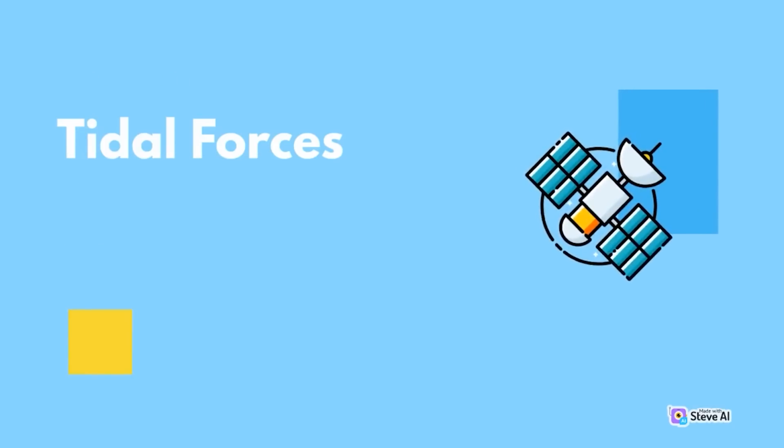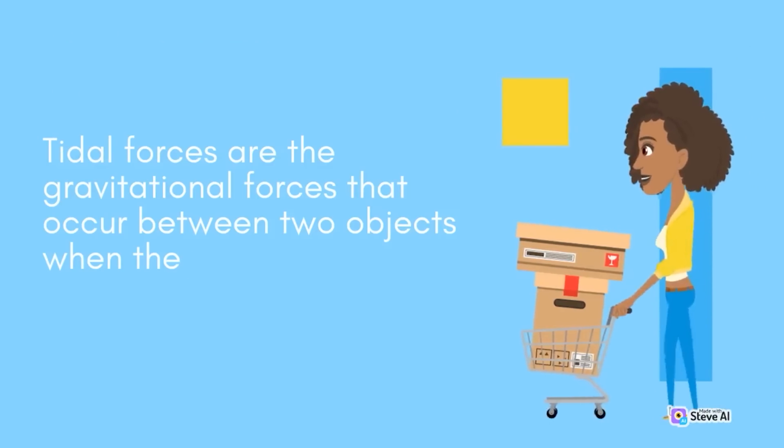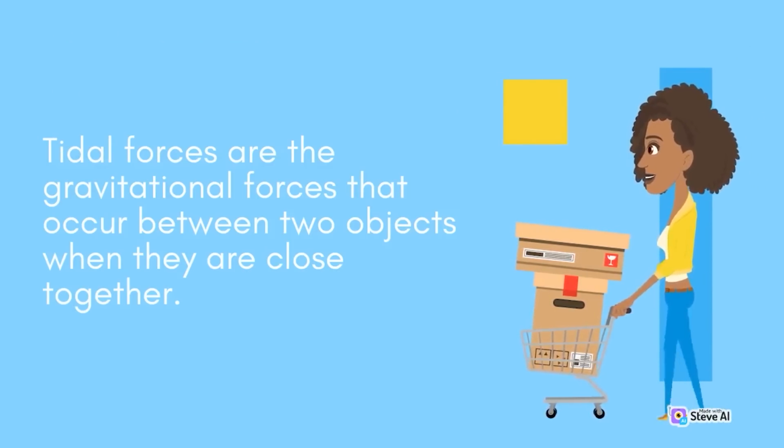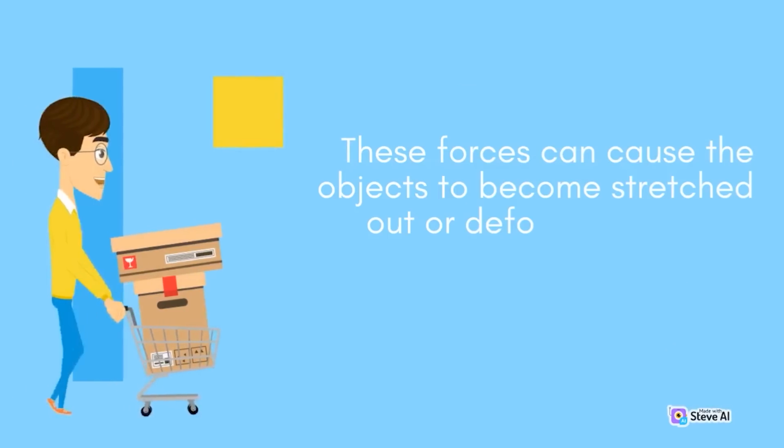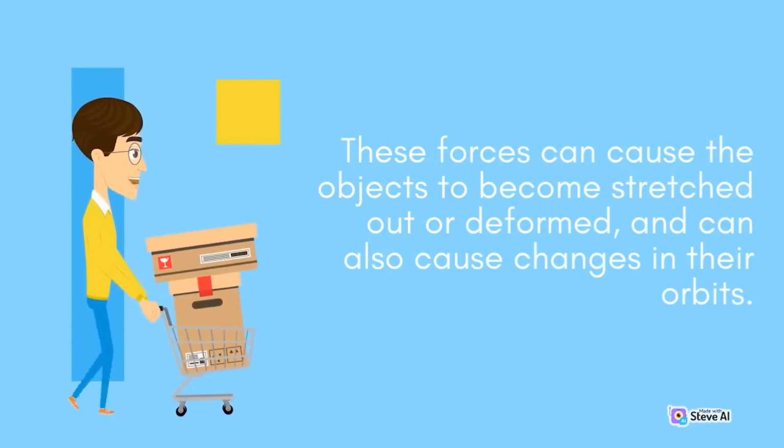Tidal forces. Tidal forces are the gravitational forces that occur between two objects when they are close together. These forces can cause the objects to become stretched out or deformed, and can also cause changes in their orbits.